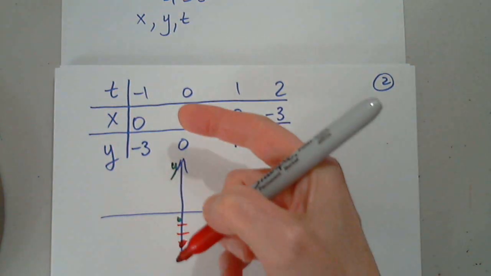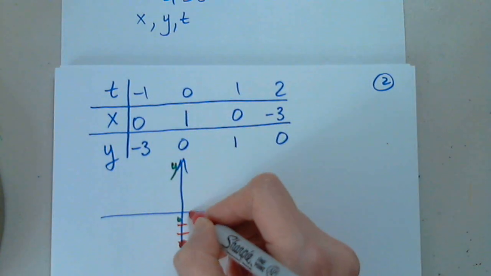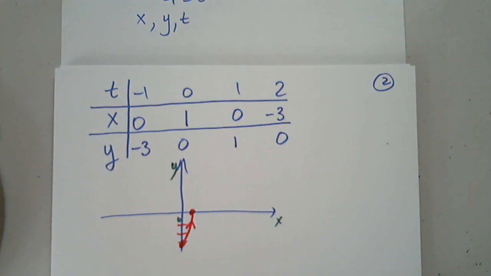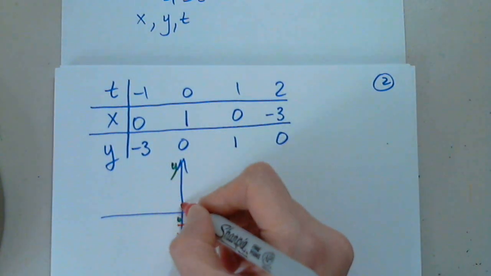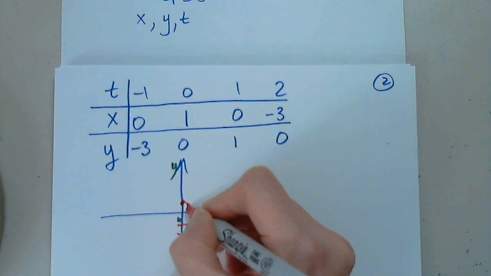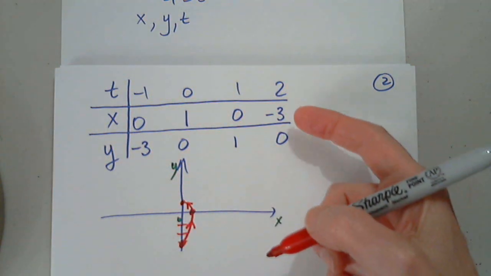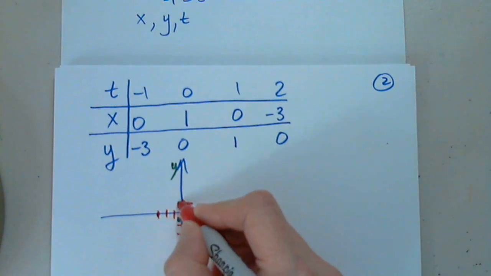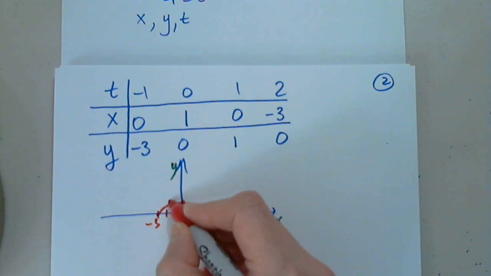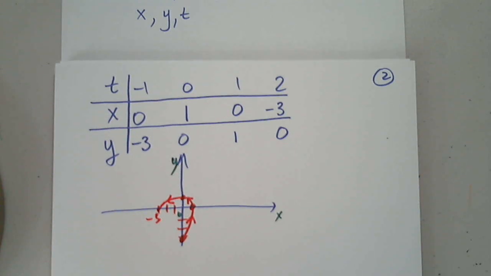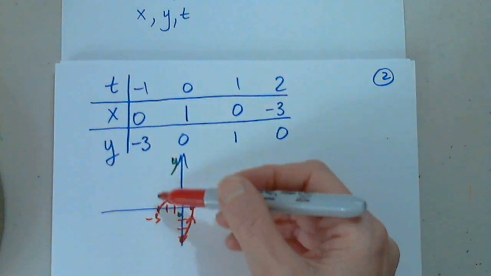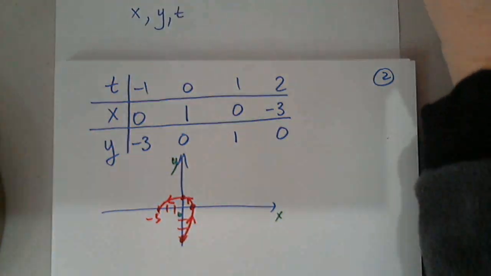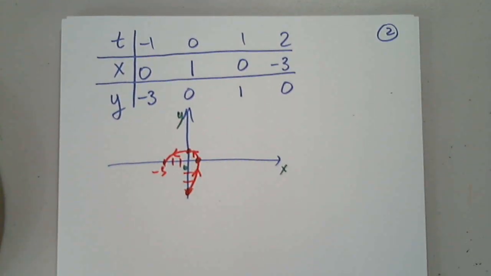That's our starting point. 1 for x, 0 for y, and that's the direction. 0 for x, 1 for y, and here the direction continues. And then -3 for x, 0 for y. And that's the direction, and that's it. As you see, this is not a function, right? So representing it using a parameter was very convenient.